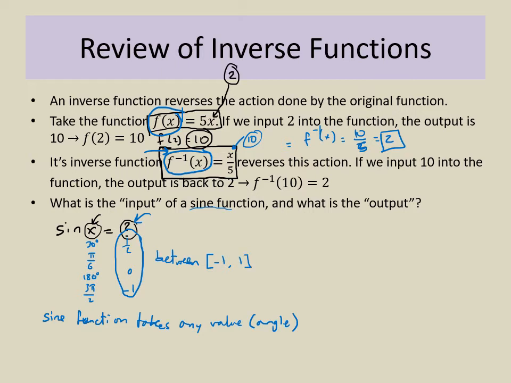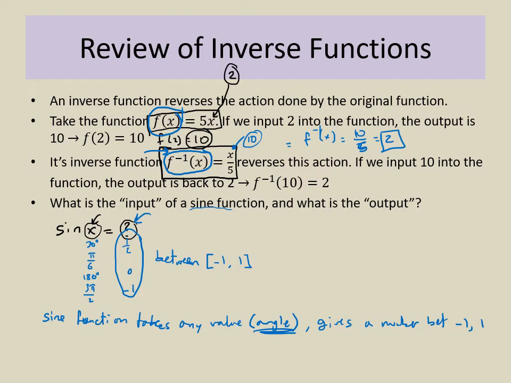So they're all numbers between -1 and +1 and all the decimals in the middle of those. Okay, so the input of the sine function is an angle, and then it gives us a number between -1 and +1.